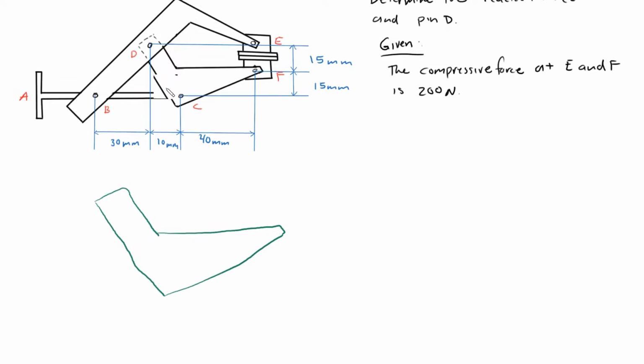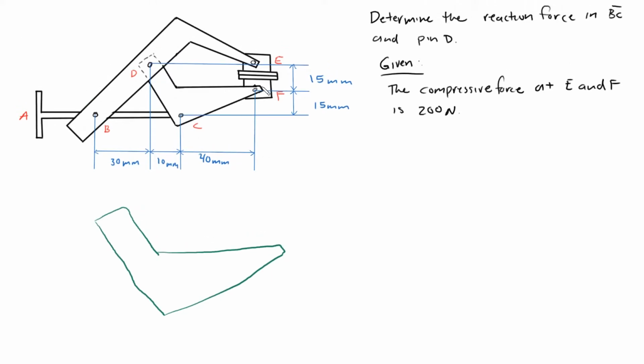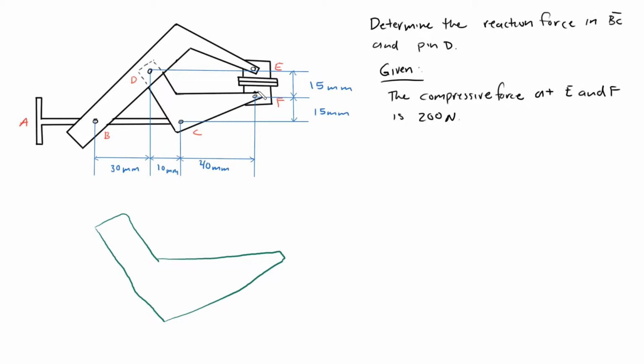Pin D typically has a y direction reaction force and an x direction reaction force, but we can simplify this problem quite easily because we know the compressive force is going vertically upward as shown in this diagram. Actually, it's going downward because it's a compressive force.